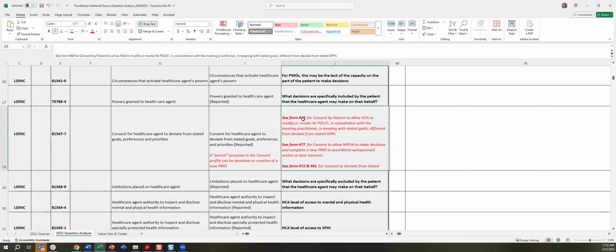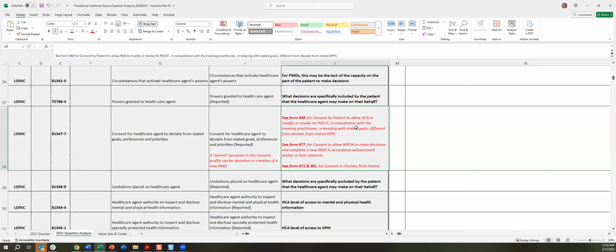Form number 48 records the consent by the patient to allow the healthcare agent to modify or revoke the New Jersey POLST in consultation with the treating practitioner in keeping with stated goals.